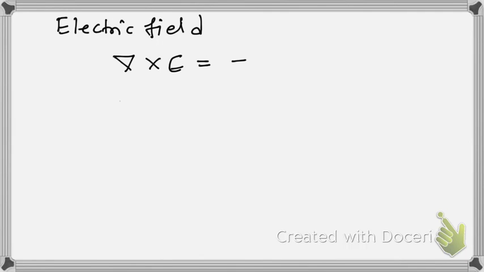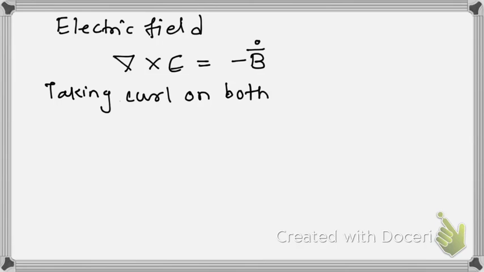Let us start deriving the equations. As there are two fields, we will start with electric field. For electric field, the Maxwell's equation is del cross E bar is equal to minus B bar dot. Now, taking curl on both sides.